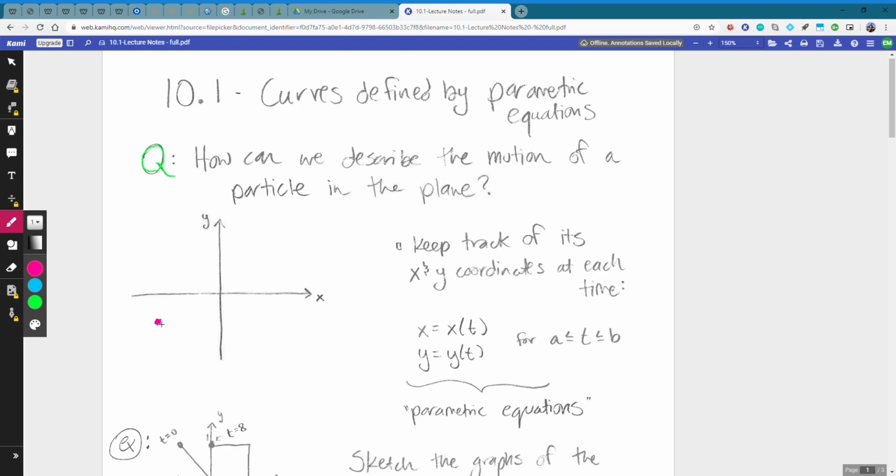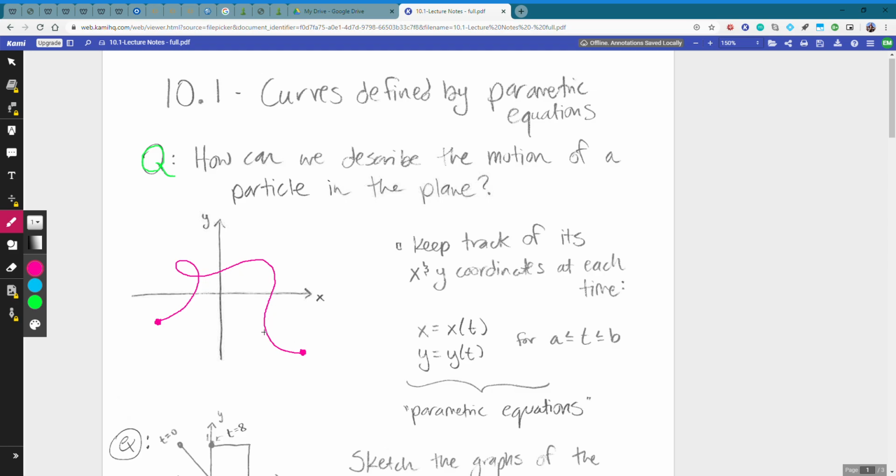And well, one thought to start with is that as this particle moves, it's going to trace out some curve in the plane, and maybe it stops over here. And so the motion of this particle traces out a curve.